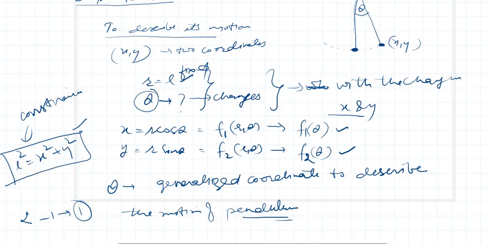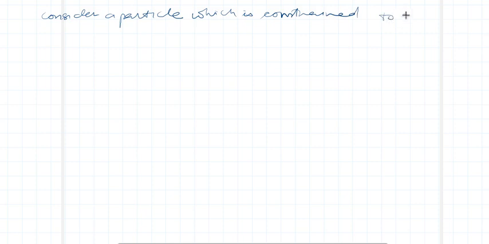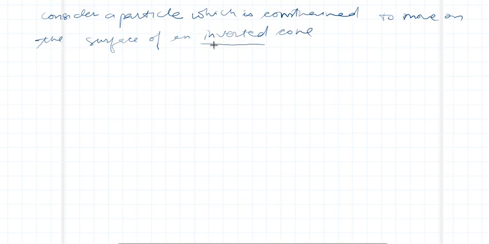Another example, besides the motion of the simple pendulum, is to consider a particle which is constrained to move on the surface of an inverted cone. Inverted we have taken just for the sake of simplicity, right?